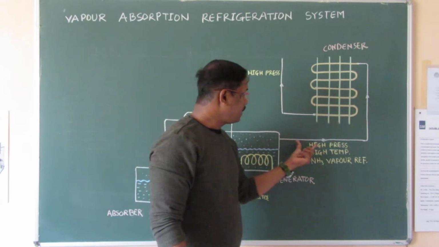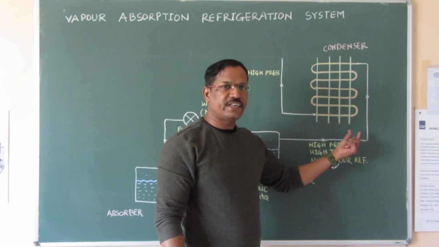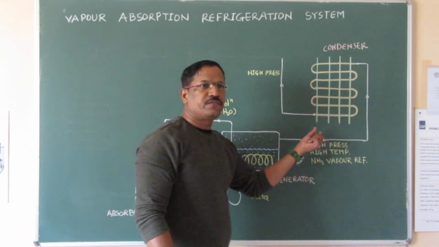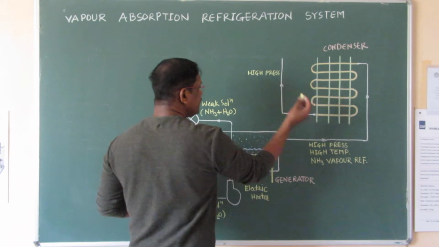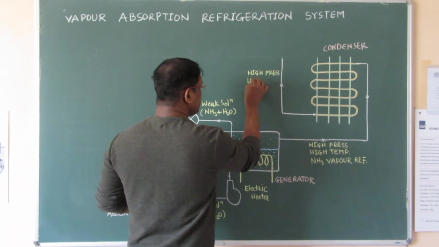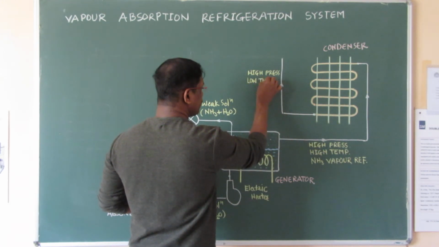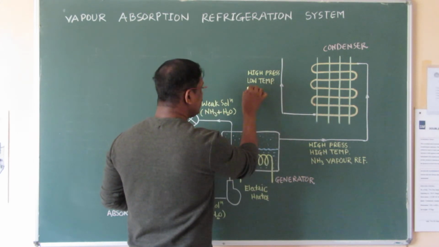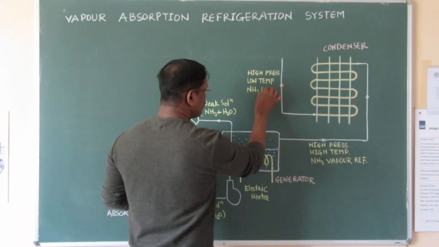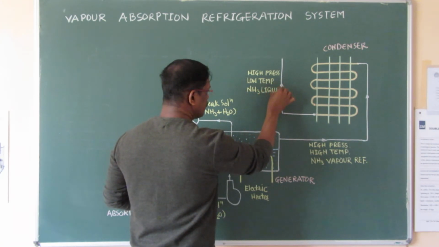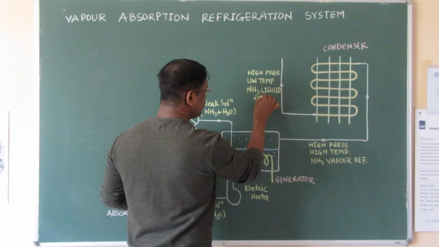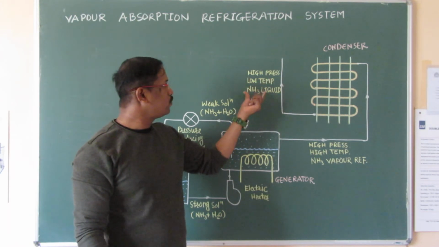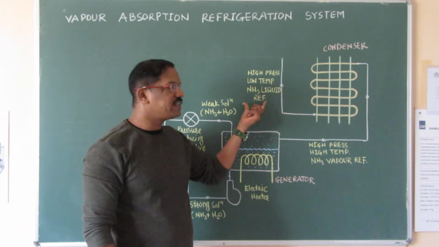If the supplied vapors are superheated, then definitely it gets reduced to saturated temperature, and after that it will remove latent heat. So it reduces the temperature. So now the temperature is low, and it is converted into liquid refrigerant. So the output of this condenser unit is high pressure, low temperature NH3, that is ammonia liquid refrigerant.